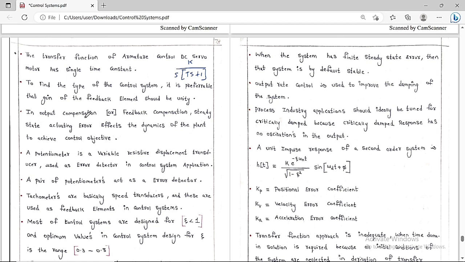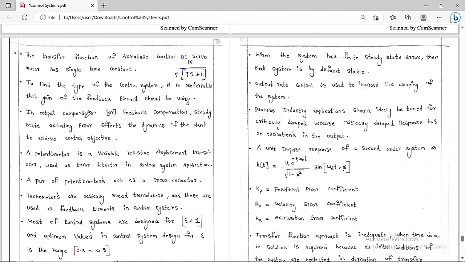Finally, I can say the transfer function of the armature control DC servo motor has only a single time constant, and the expression is K by s into (Ts plus 1). Therefore the order of the system is equal to 2, and it has only one time constant.